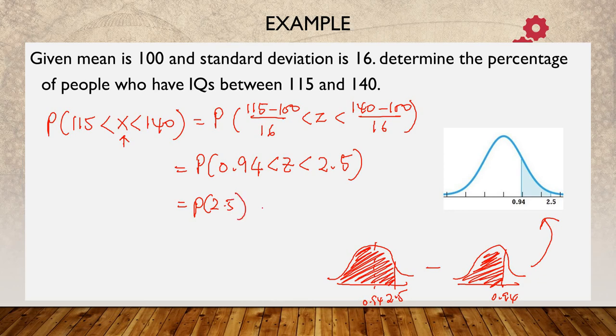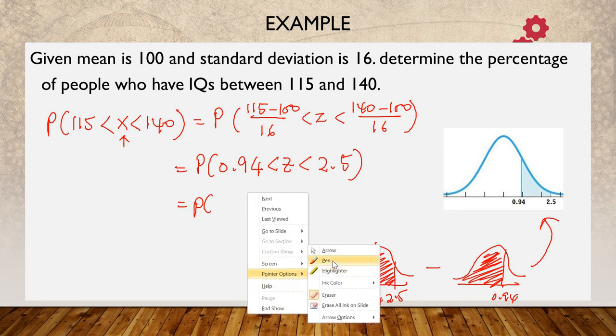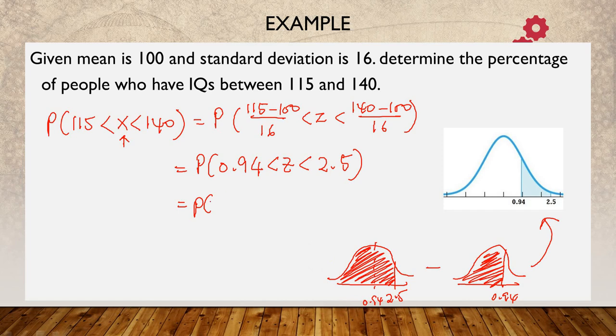Alright, so 2.5. Sorry, wrong notation, cannot write like this. Okay, P(z less than 2.5) minus P(z less than 0.94).